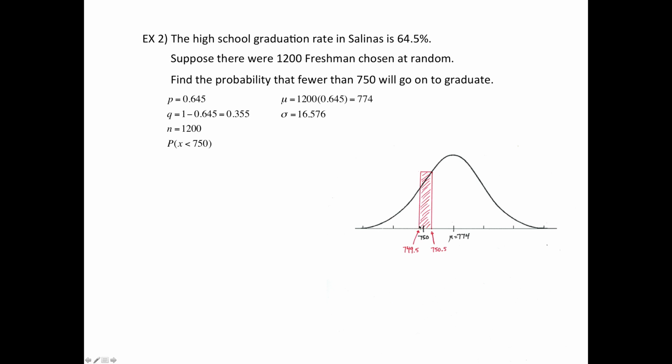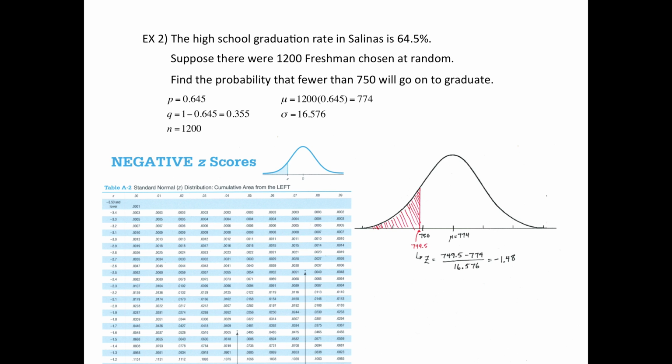So we're going to start at 749.5 and then shade to the left. Then pop out the Z formula. It tells us it's a negative 1.48. Look at the negative Z scores. 1.48 would be right here. This table gives us the left tail, so that's just going to be the answer right there, 0.0694.